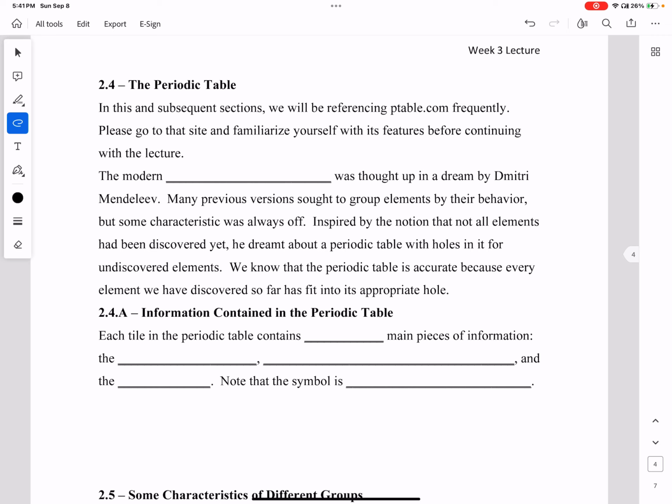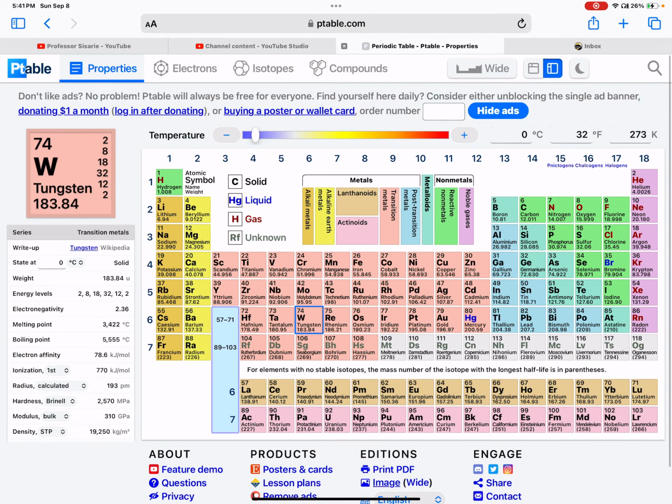Okay, so let's look back at the periodic table for another moment, and we'll tell you the story of how it came to be. So this table is arranged according to the behavior of atoms.